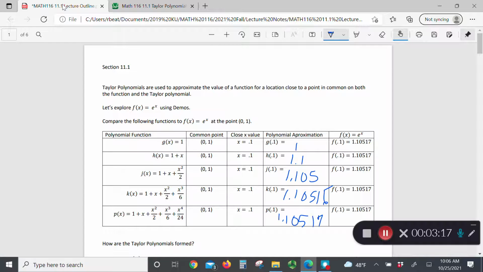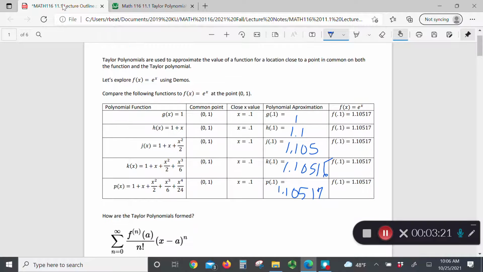So notice there is a pattern to these polynomials that I'm using. And the one before has a repetition in the next one. So I can see h of x in the first two terms of j of x. And I can see j of x in the first three terms of k of x.